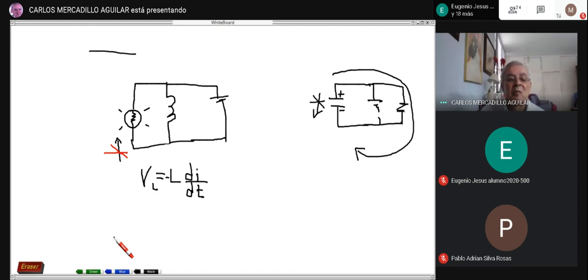But if we now open the switch again, that is, we disconnect the battery, there was a magnetic flow stored here, with only one line.